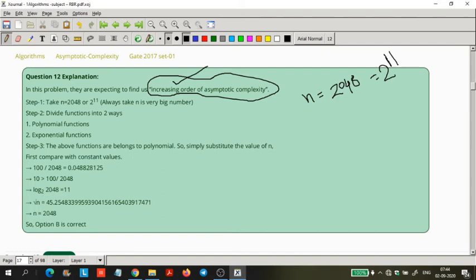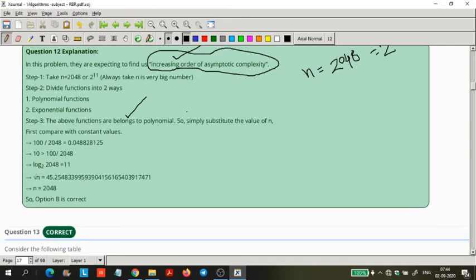N is a very big number, so always take n as a very big number. Step 2, divide the functions into two kinds, polynomial functions and exponential functions. Step 3, the above functions are polynomial, so simply substitute the value of n.